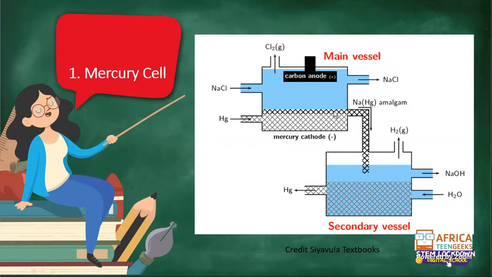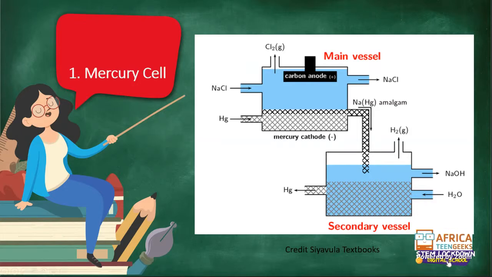That amalgam then flows down this tube and into another vessel. In that vessel, we can separate the mercury and the sodium from each other using water. So the amalgam comes in here and water is pushed into the system.